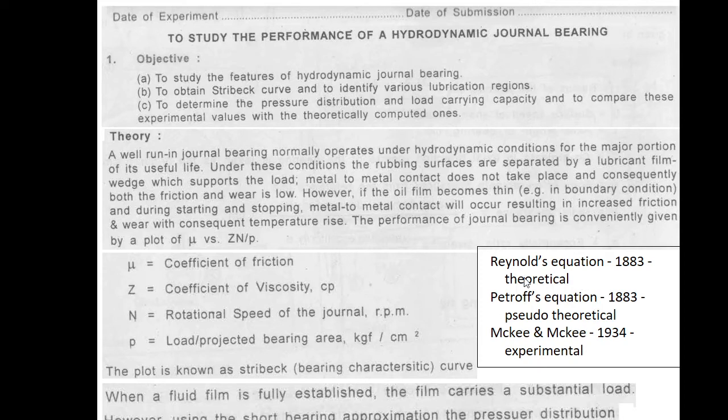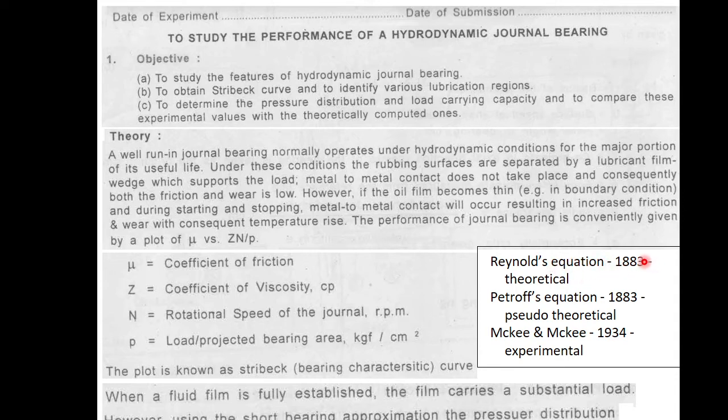There is some mistake. This Reynolds equation is in 1886, the first one. Petrov's equation is in 1883. Anyway, in the previous slide we have discussed this Reynolds equation. We have rather referred to the actual paper where he published this equation.